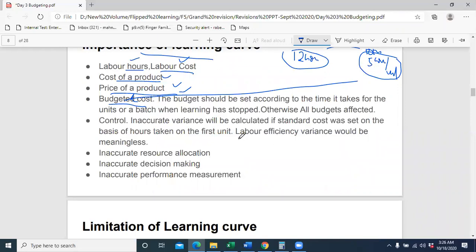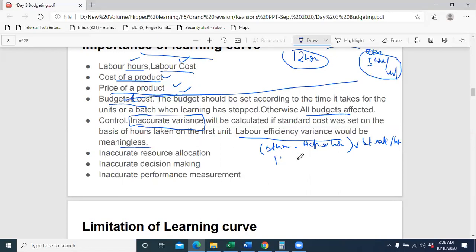And then if you want to calculate the labor efficiency variance, that would be meaningless. All budgets are going to get affected, and with the help of that you won't be able to calculate the right variance, since the budgeted cost would be wrong. When you calculate the labor efficiency variance, you compare the standard hours with the actual hours worked, multiplied by the standard rate per hour. If the standard is wrong, the labor efficiency variance would be a lot adverse.